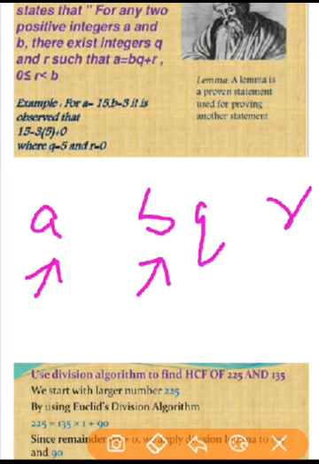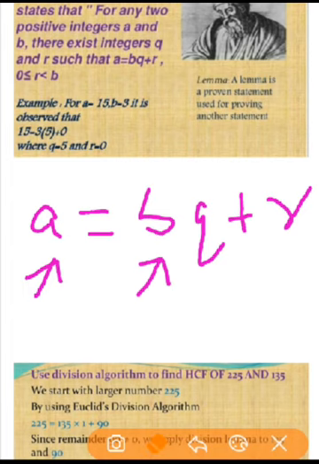So a will be equal to bq plus r. You can see here a, the dividend, equals b multiplied by q. b is the divisor, q is the quotient, so divisor multiplied by quotient plus remainder.